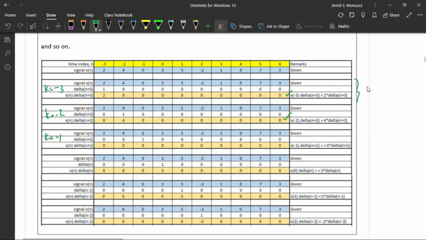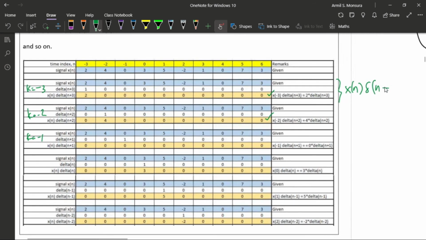This is x of n times delta n plus 3, which is equal to x of negative 3 times delta n plus 3. So, yung mabubuo nyo, product sequence. Yung product sequence din, ito, yung entire vector na to. Okay, yung entire vector na yan. So yun yung nabubuo natin.